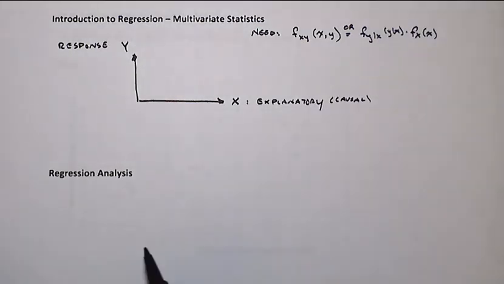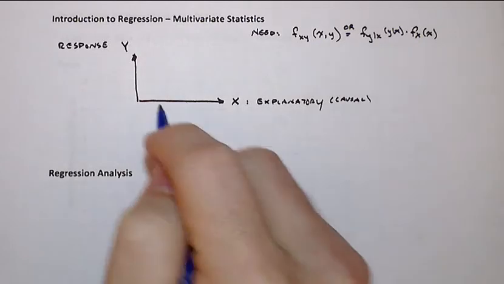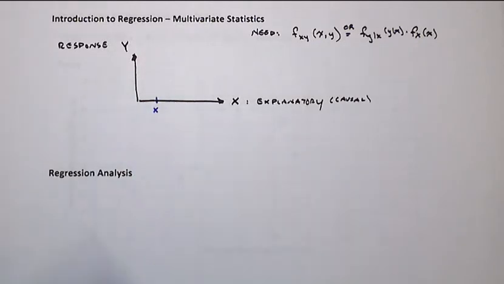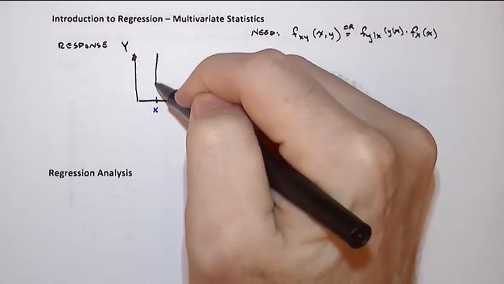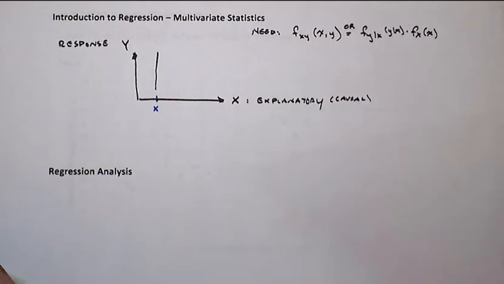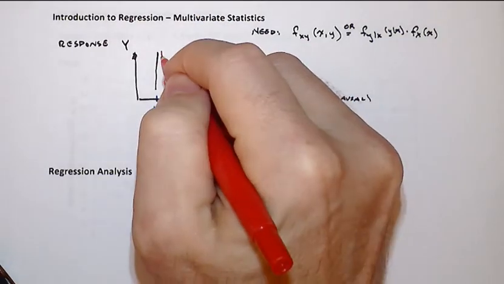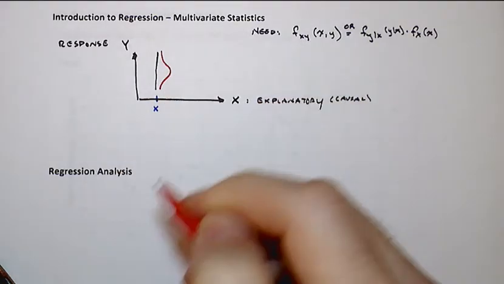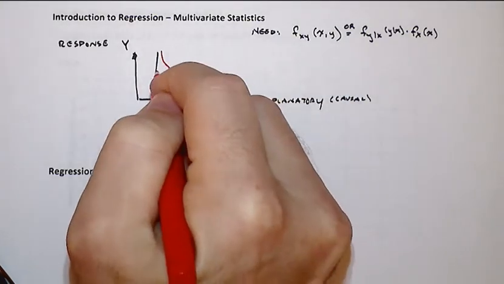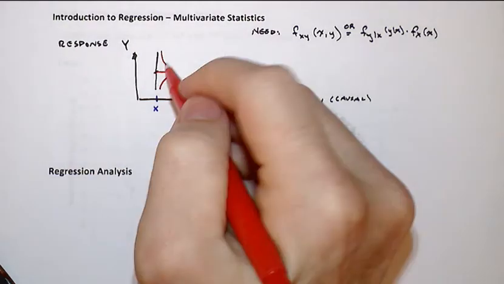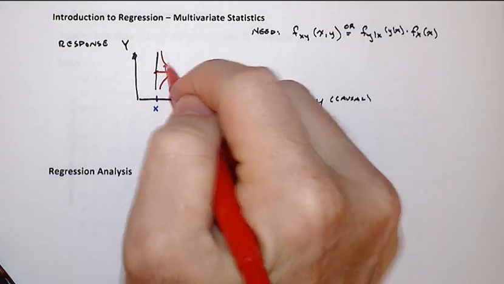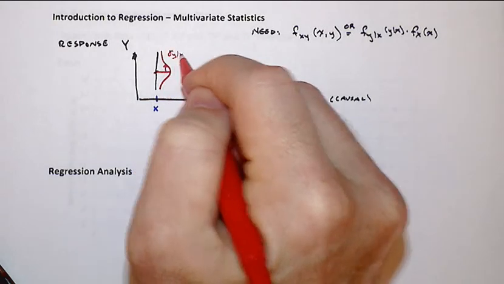Now, in general, what we're going to end up with here is that for, say, a specific value of x, we're going to end up with this conditional view with a scatter that we'll represent here as a normal distribution around that central value. That central value, of course, being the conditional mean. And so this variation that we end up with is our conditional variation.